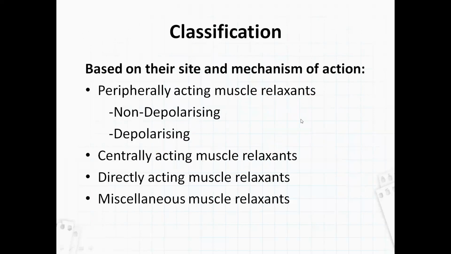Moving on. Now, classification of the skeletal muscle relaxants. You have to read and remember the whole classification by heart in the further slides. Based on their site and mechanism of action, skeletal muscle relaxants are classified into peripherally acting, centrally acting, directly acting, and miscellaneous muscle relaxants.